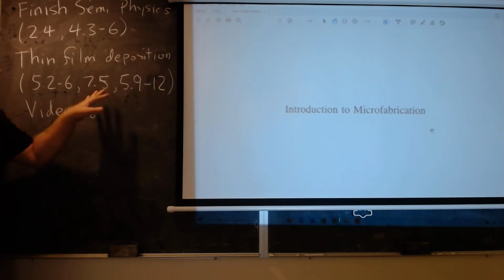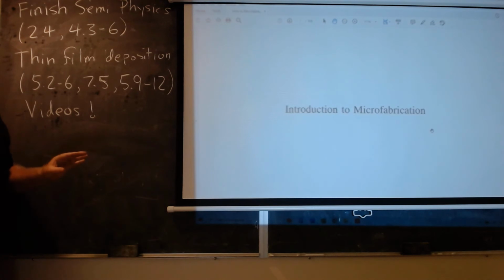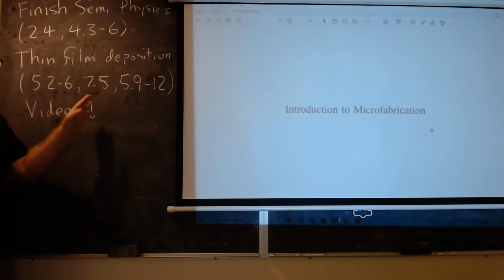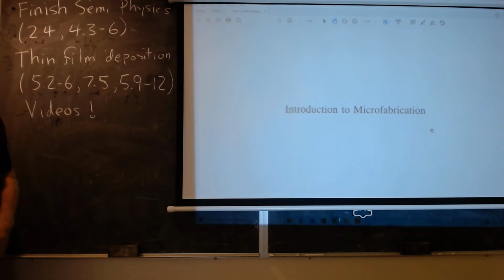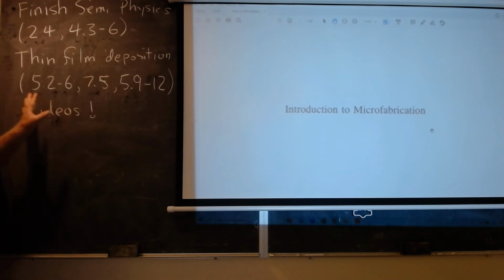But the point of listing these sections is that there will be nothing on any homework or exam that's not covered in these sections, and that's the point of them. Especially the way we're doing things right now, I want it very well defined what I am expecting you to learn and be able to return to me in any sort of homework or quiz.